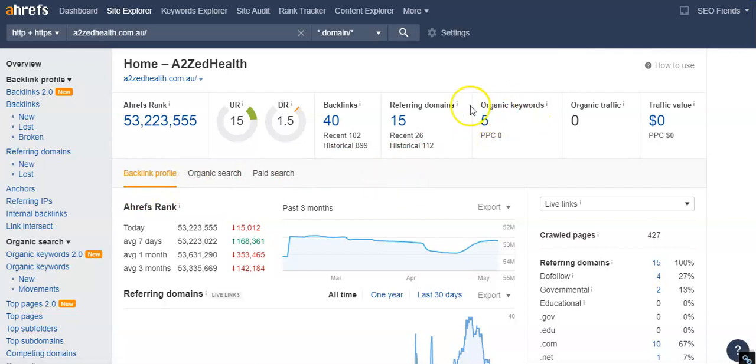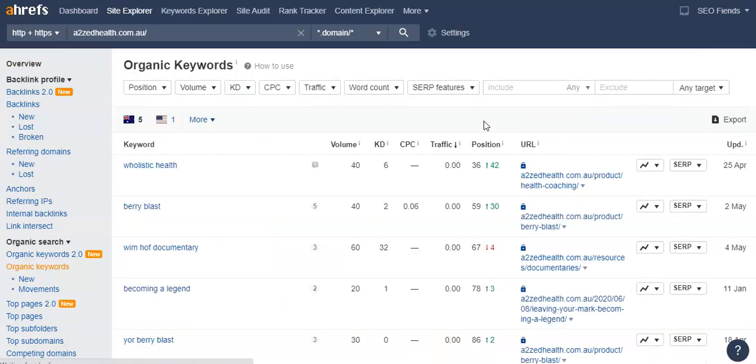It's telling me that you have 5 keywords on your website. So if we were to have a quick look at those, holistic health, this is telling me that 40 searches per month are done for that keyword. But you see how it's just holistic health?